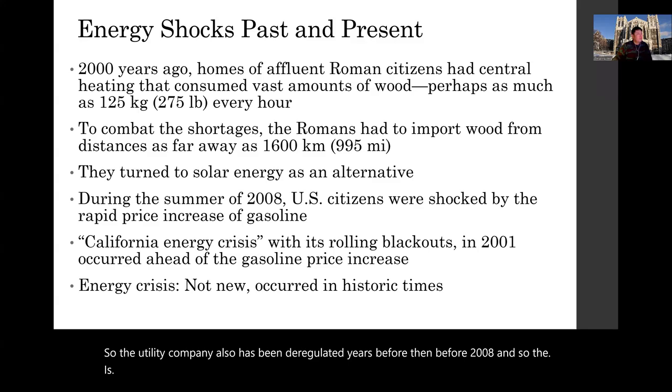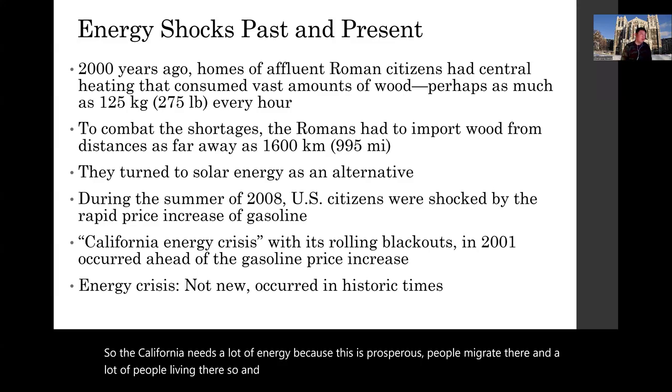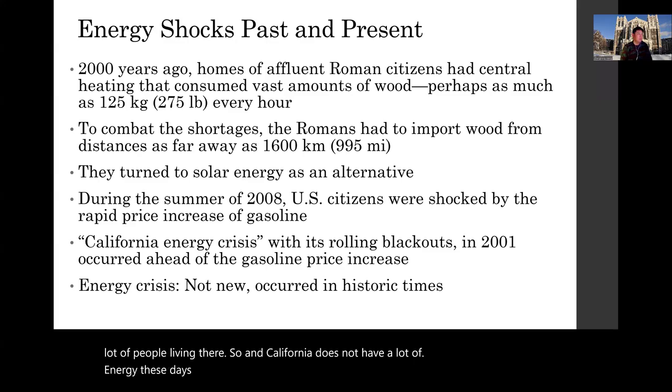California needs a lot of energy because prosperous people migrate there and a lot of people live there, and California does not have a lot of energy of its own these days. Energy in California is quite expensive. At the time there were scandals.